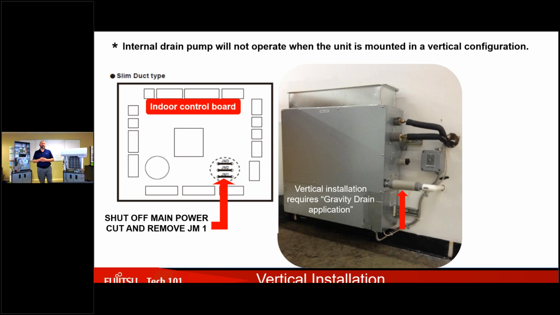If we don't do that, we're going to get a condensate pump error code, because in that position, the condensate pump will actually send a closed signal to the board, telling the unit that there's too much water in the pan, and it's basically cutting it off. So we'll get an error code if we don't cut that JM1 plug out.